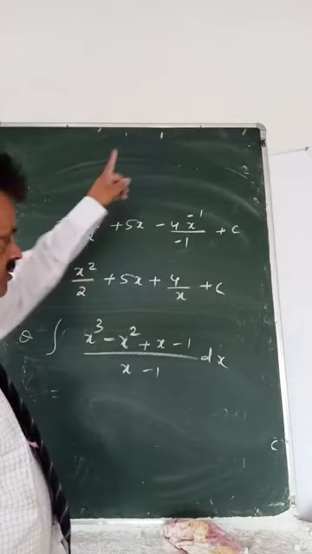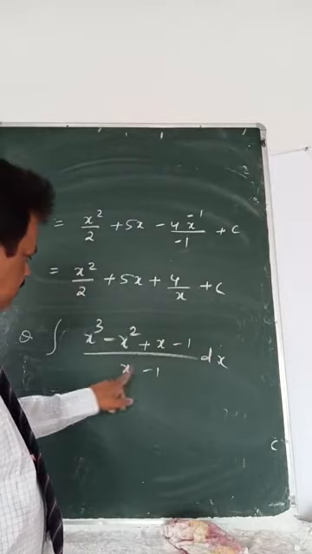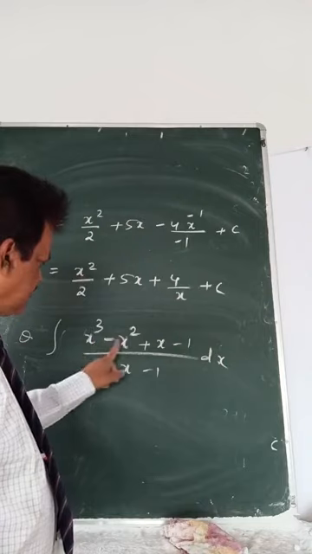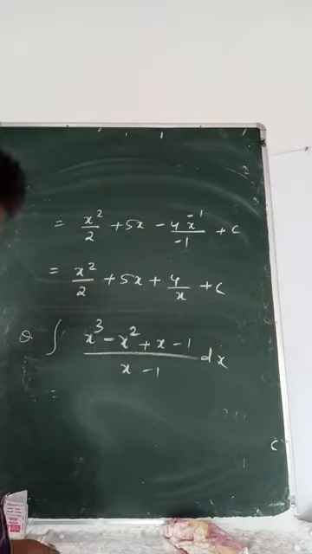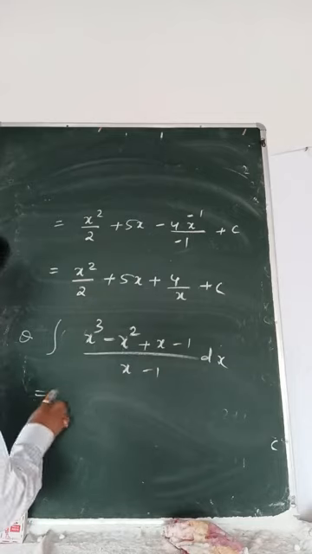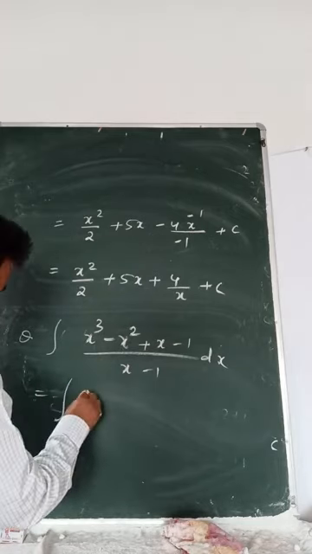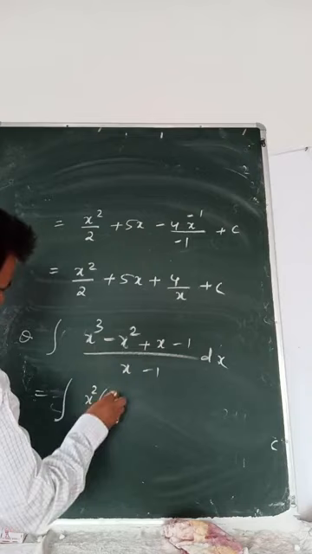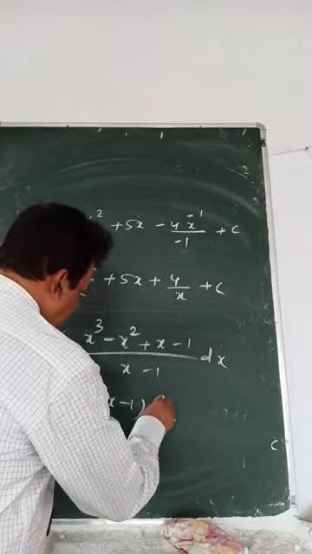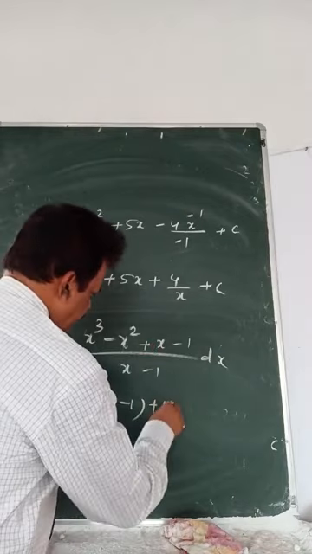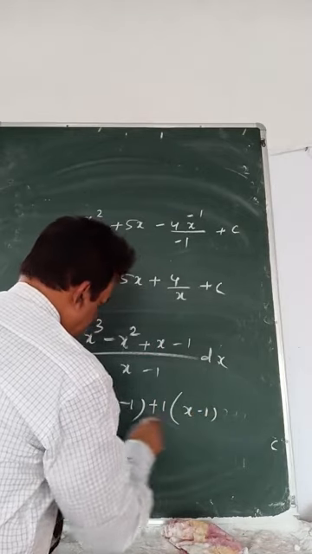Here it was easy to divide in the previous question, but here we cannot divide in this way. We will factorize it, then we will simplify. So how to factorize? From these two, I can take x square common, x minus 1. From these two, plus 1 common, x minus 1.